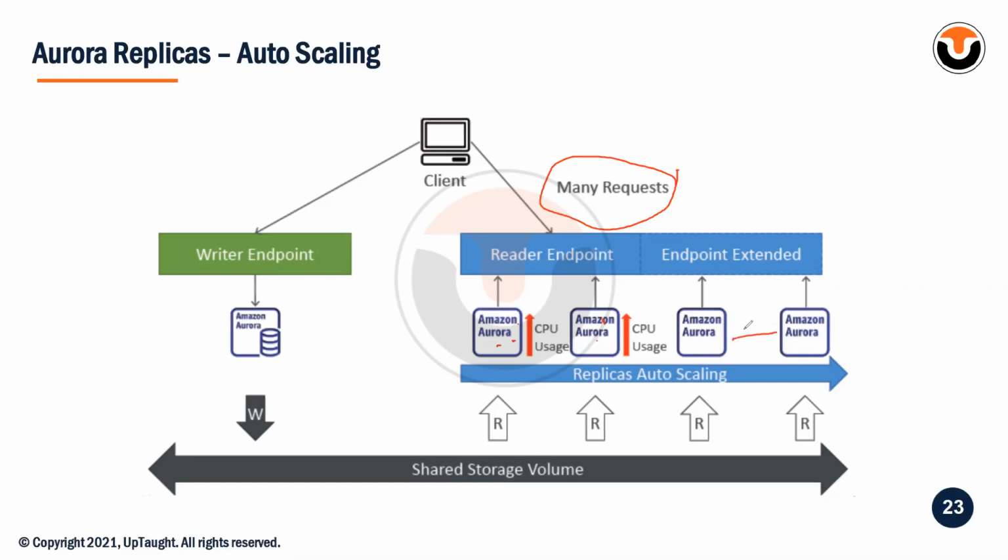It will actually add two more. When you add two more, the request which has been served by two read replicas will now be served by four read replicas and will be distributed evenly. So this is what we call replica auto scaling, automatically scaling the replicas to handle the load.